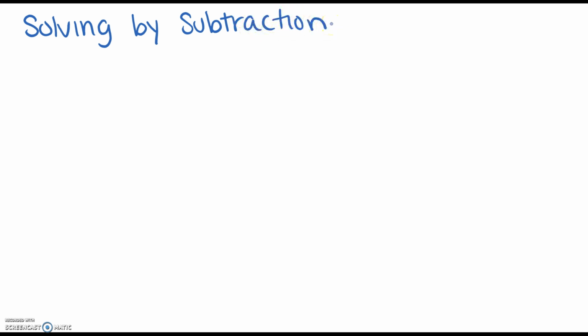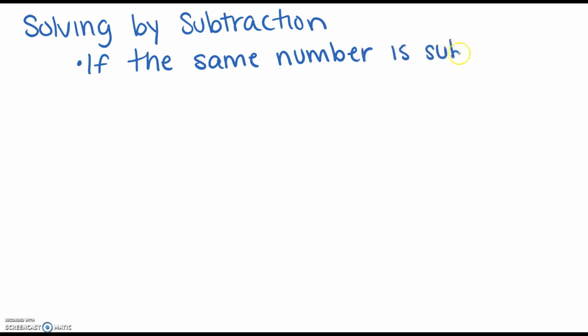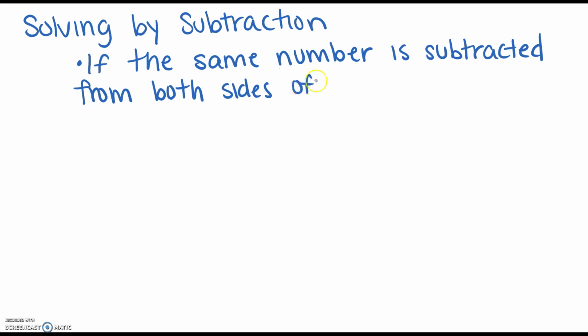When we solve by subtraction, if the same number is subtracted from both sides of a true inequality, then the inequality remains true.